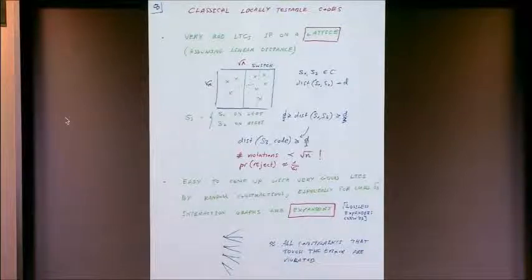So let's see what happens in the classical case. First of all, classical locally testable codes on lattices don't exist, at least assuming linear distance. Here's a very simple argument. Suppose you have a code with two words, S1 and S2, at distance d, and d is linear.